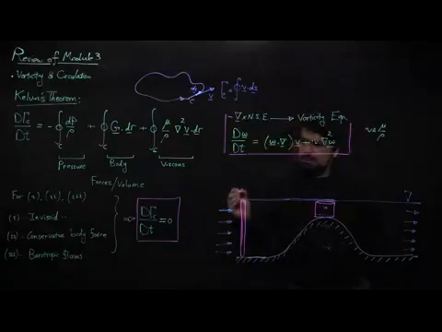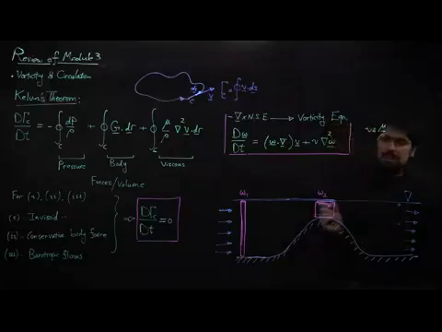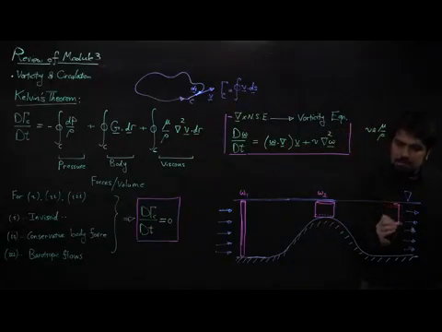You can easily think about the amount of vorticity in the first point, omega 1. When you reach here, you have a different amount of vorticity, omega 2. And again, when you come to the other side and pass this bump, you come back to the same cross-sectional area of the flow that you had.